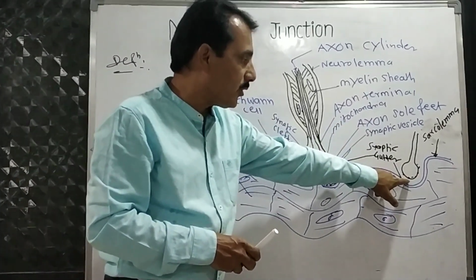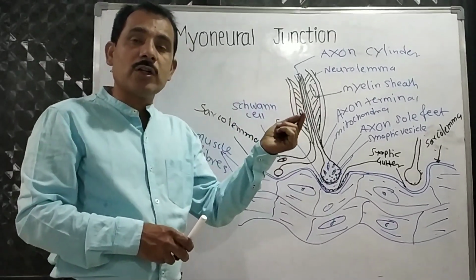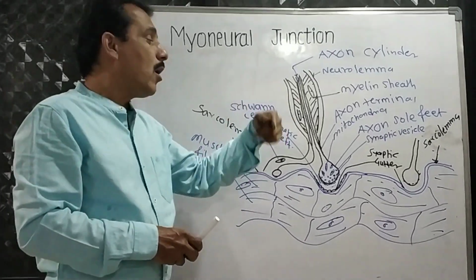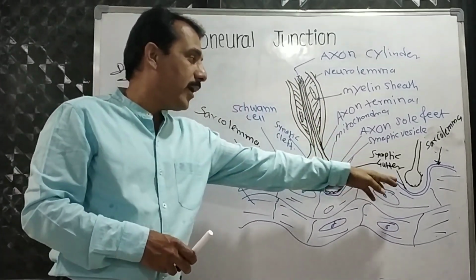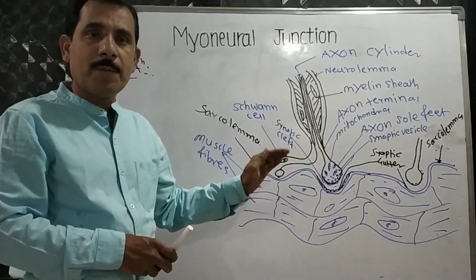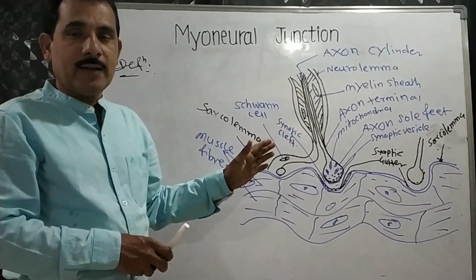Another junction you will see here, that is another myoneural junction, where other axon terminals of the same nerve fiber or of other nerve fibers end on the muscles. And this forms the myoneural junction. Do you understand?